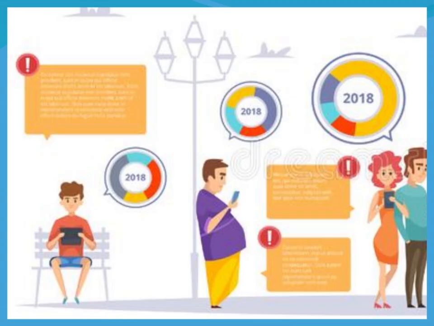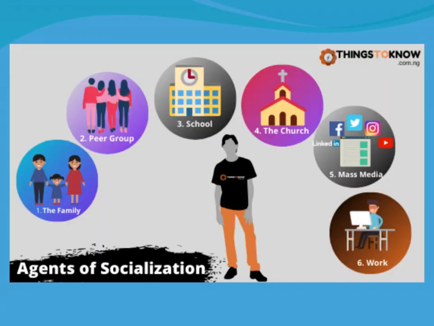Try to look at how we socialize nowadays. There are so-called agents of socialization. These are the family, our peer group, school, the church, mass media, and work.